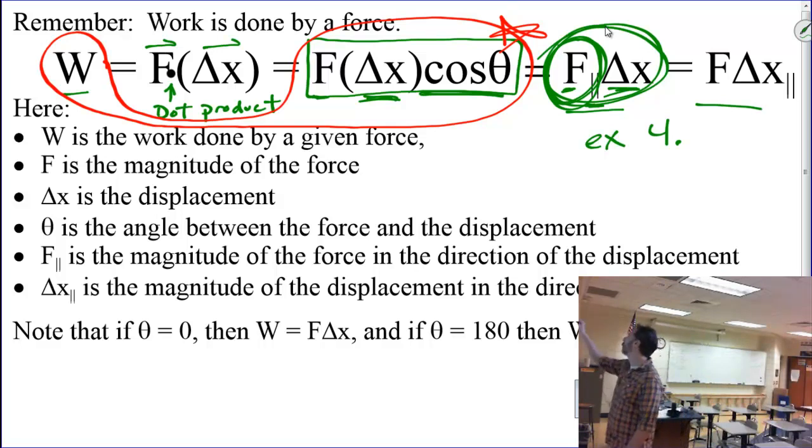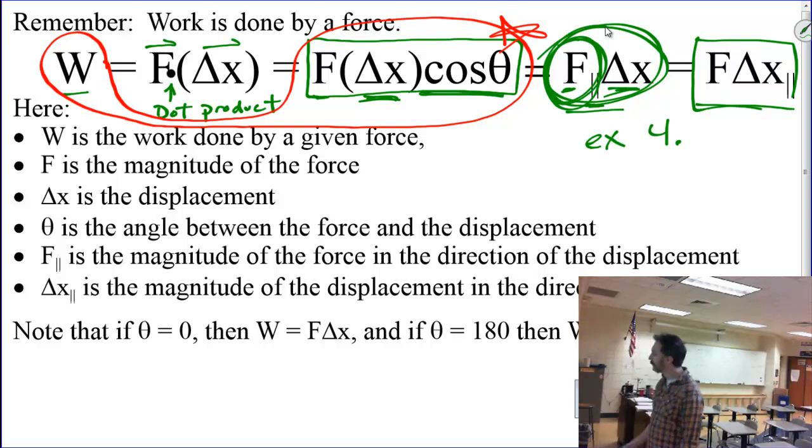Similarly, although it almost never happens, this does come up sometimes: you can take the magnitude of your force and multiply it by the component of your displacement that's parallel to the force. That would come up more in AP, but just know that it's a possibility.